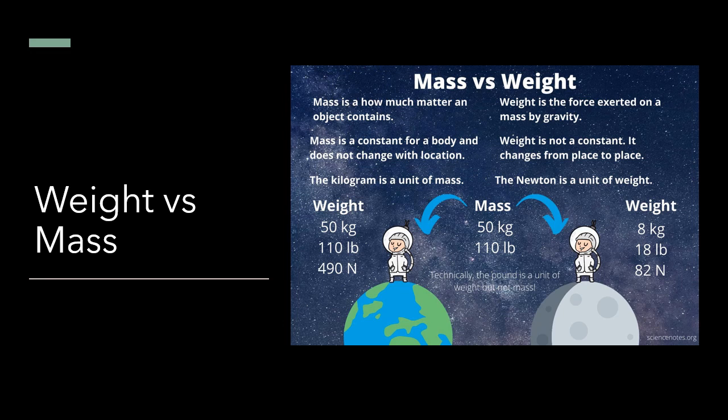And we measure mass in units of kilograms, while weight is the force exerted on a mass by gravity. Weight is not constant. It changes from place to place, and newton is the unit we use to measure weight. So, once again, mass has nothing to do with gravity, but weight has something to do with gravity.